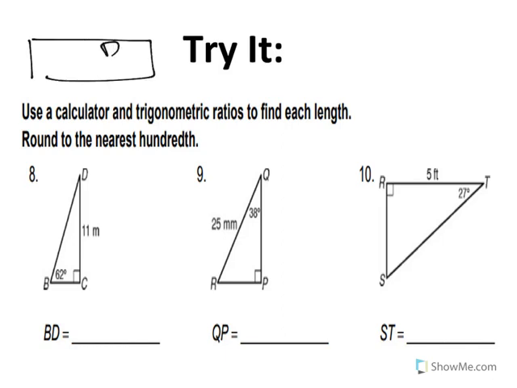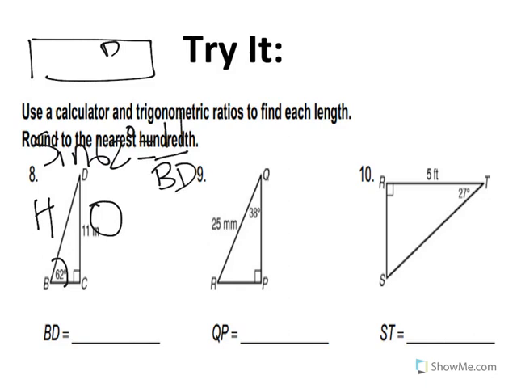Okay, use the calculator and a trigonometric ratio to find each length, rounded to the nearest hundredth. Here we're asked to find the length from B to D. Looking from this angle, we have the opposite and hypotenuse. Since we have opposite and hypotenuse, we need to use sine. So sine of 62 degrees is equal to opposite over hypotenuse.